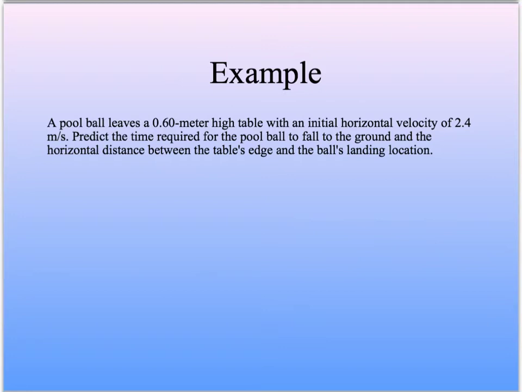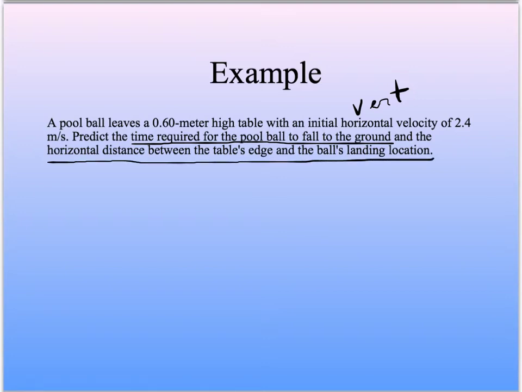First, the time required for the pool ball to fall to the ground. That's vertical. And next we'll be finding the horizontal distance between the table's edge and the ball's landing location. As you can tell, that will be horizontal.